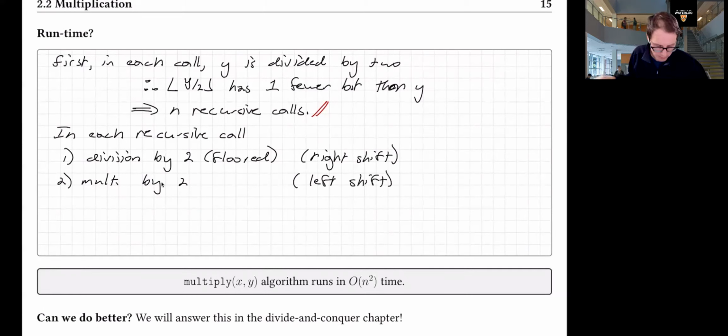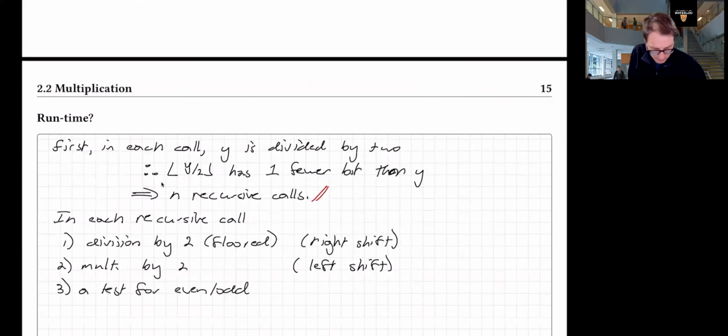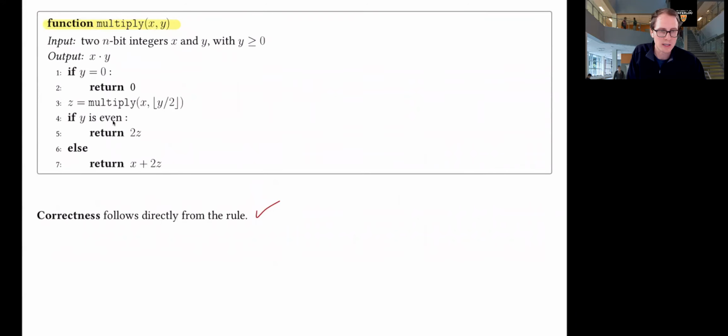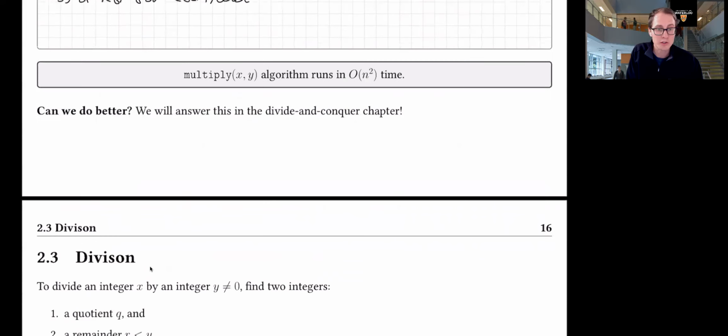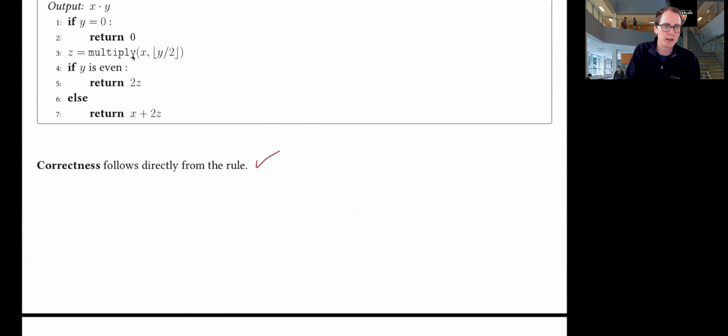So these are both constant time operations. And then 3, we do a test for even odd. Here, we test if y is even. To do that, you can just look at the last bit and see if it's a 0 or a 1. And 4, we do at most 1 addition. We do an addition if y is odd, then we add x and 2z.